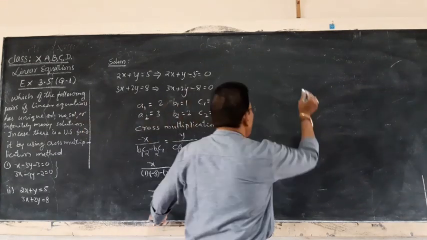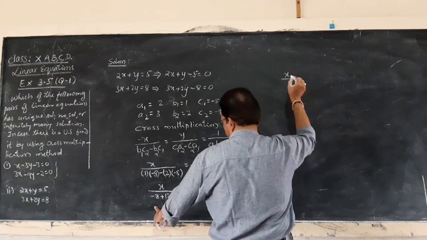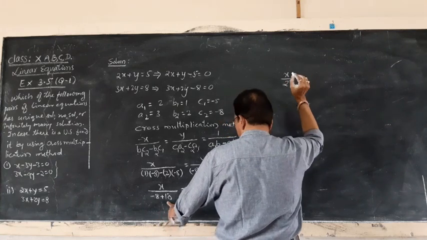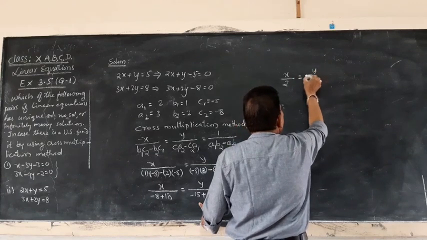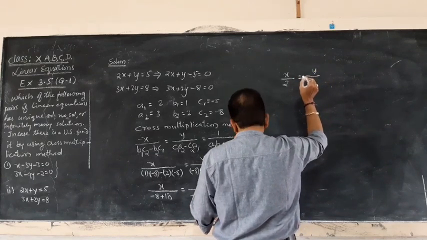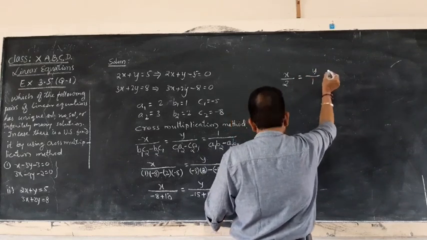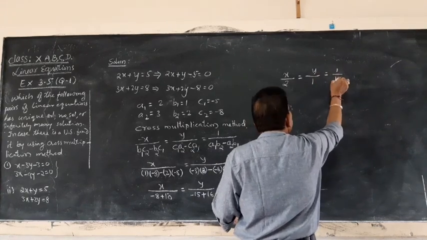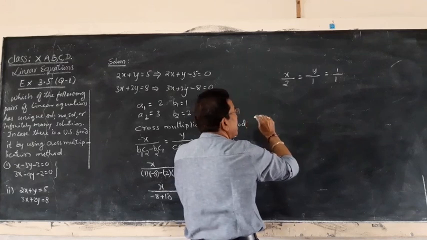Now x divided by minus 8 plus 10, that is 2, equals y divided by minus 15 plus 16, that is 1, equals 1 divided by 4 minus 3, that is 1.